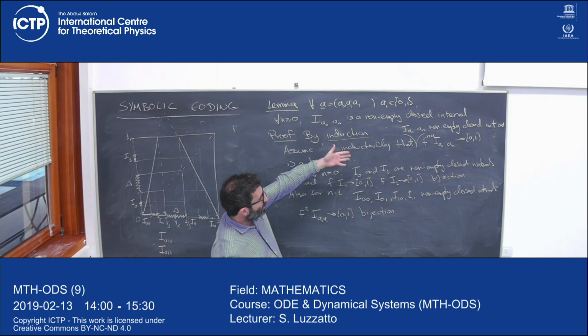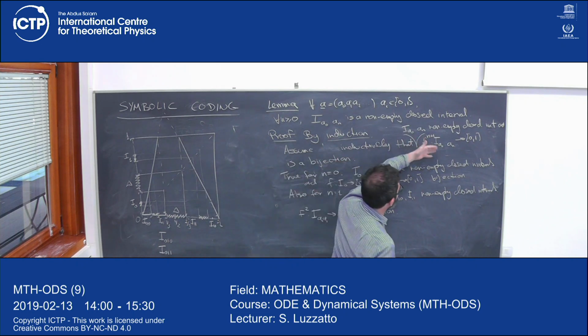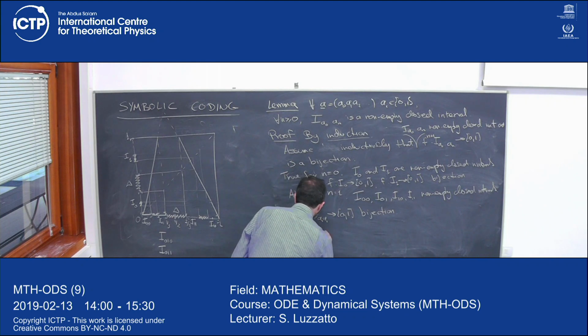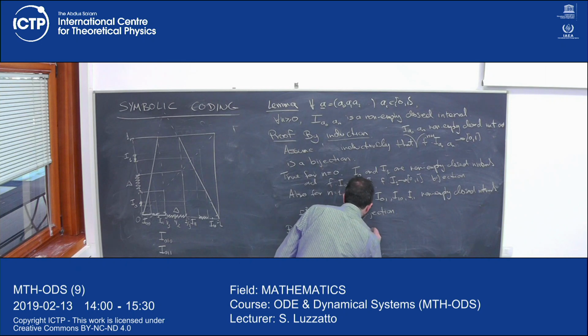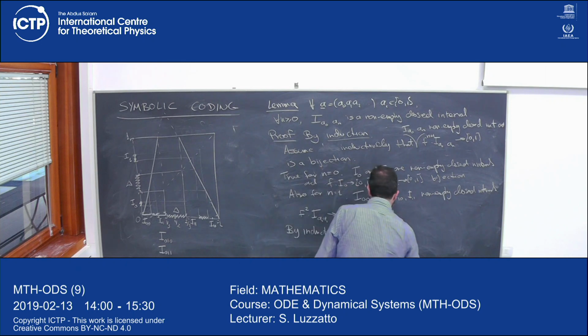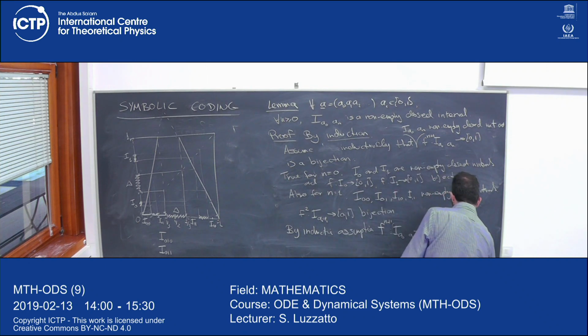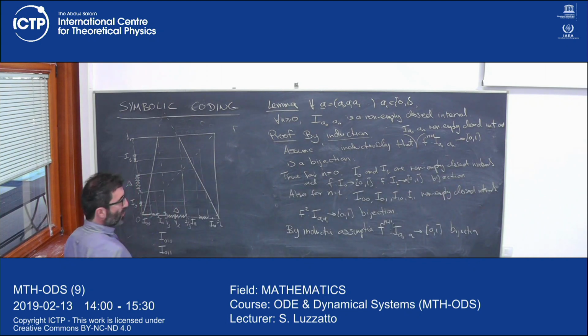So now, if we assume inductively that we have this case, okay, then how do we go to the next step? So by inductive assumption, F n plus 1 from I A0 to AN to 0, 1 is a bijection. So what does that mean? What is the picture here?